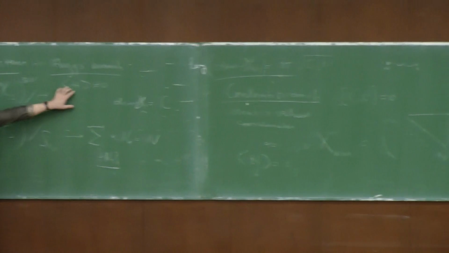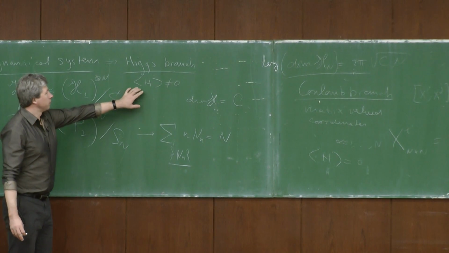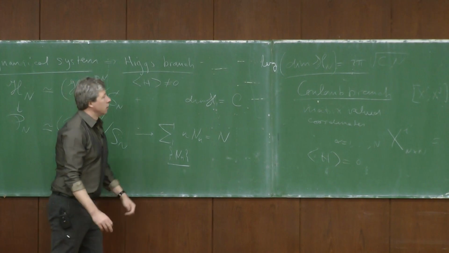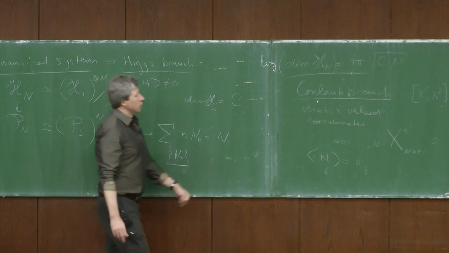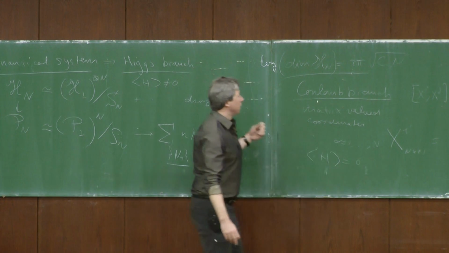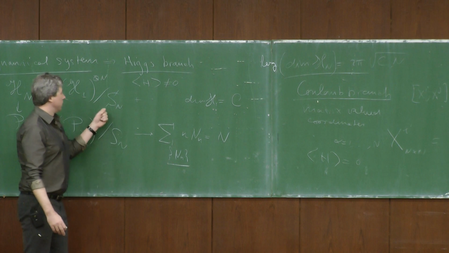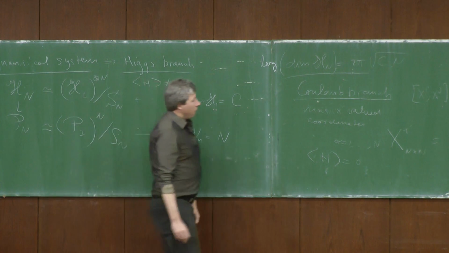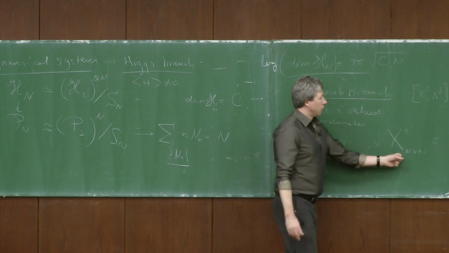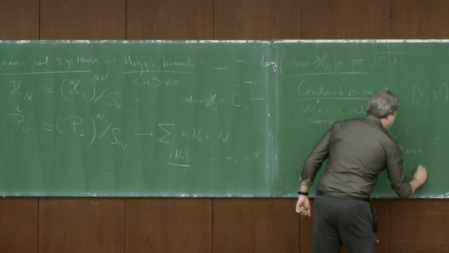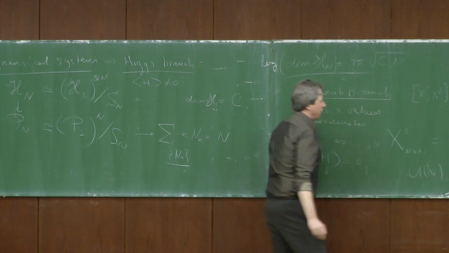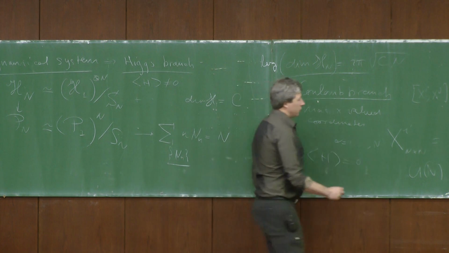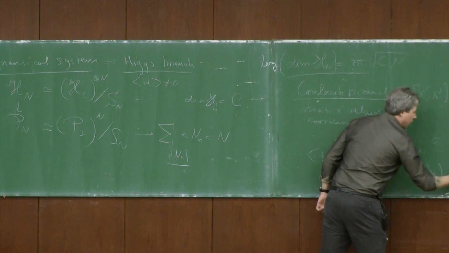So this field, by the way, I can think about as having indices also in a representation of U(N). So N here. This is a matrix, so you can think about it as an element of U(N), and actually it's in the adjoint of U(N).